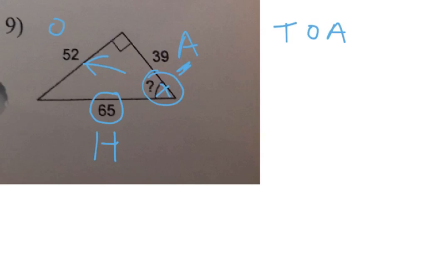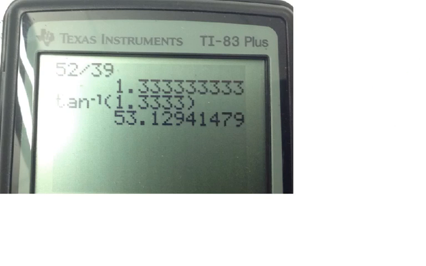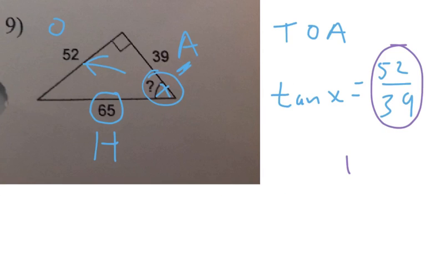And so therefore I know that the tangent of x simply is the opposite over the adjacent. And so what I'm going to do is take 52 divided by 39 on my calculator. And 52 divided by 39, as you can see right there, is 1.33 repeating. And that equals the tangent of x now.